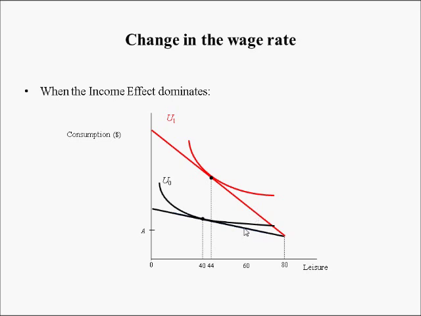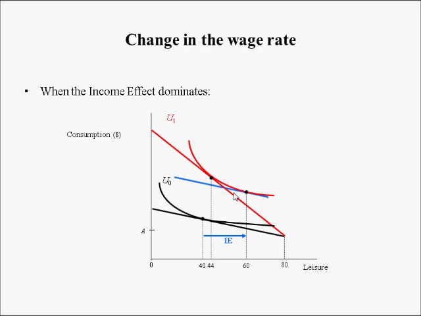So you shift the black line up until it's parallel to the new indifference curve. We call this blue line the hypothetical budget line, and this point the hypothetical optimal solution. So the income effect is from 40 to 60 hours.